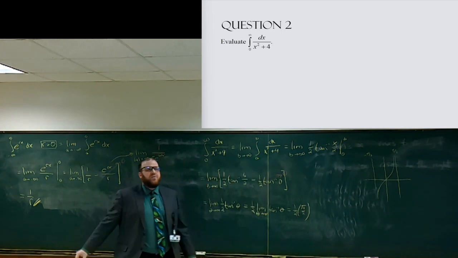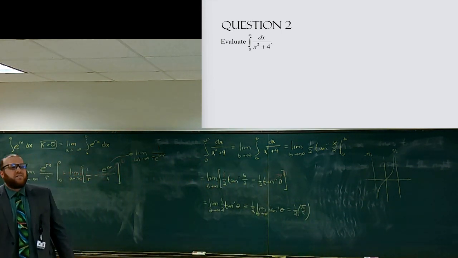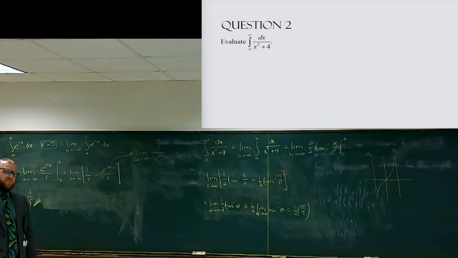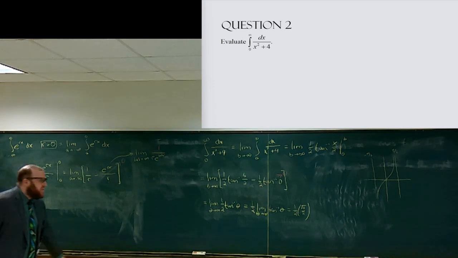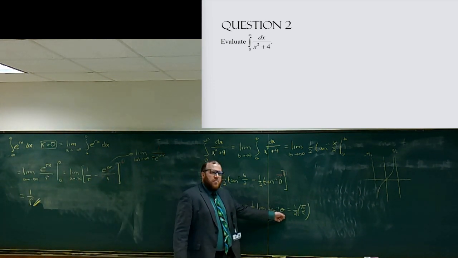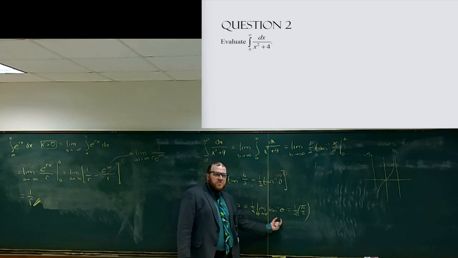Which means that limit is pi over 2. The inverse tangent would have to approach pi over 2 as your angle approaches infinity. Or not angle, what you're taking the inverse tangent of, right? Because remember, the inverse tangent is an angle. Yeah.